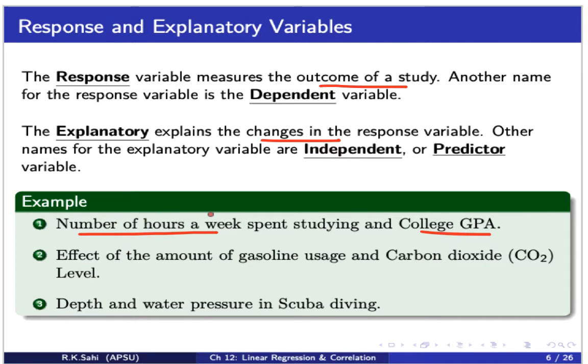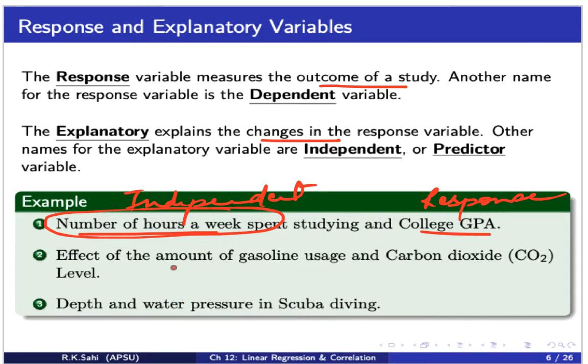So the independent or the explanatory variable is the number of hours a week studying. And the outcome, or the response, or the dependent variable, is the college GPA.